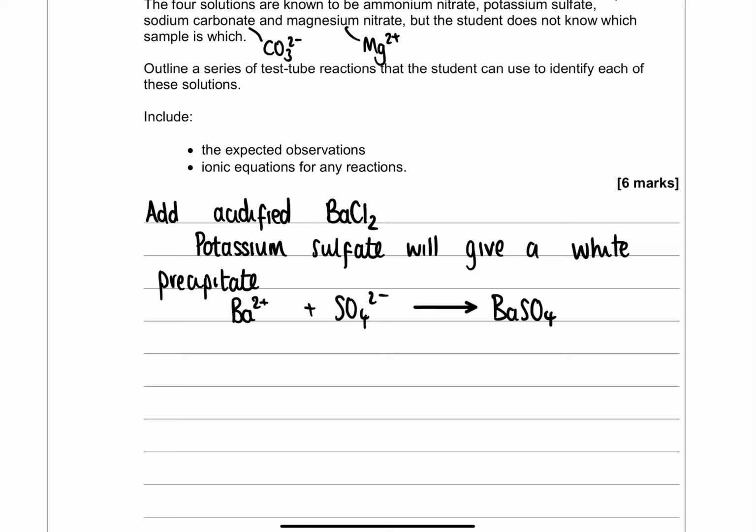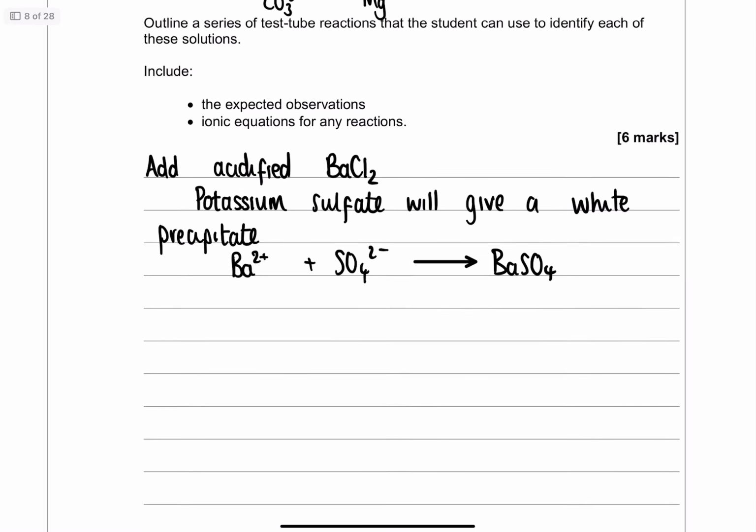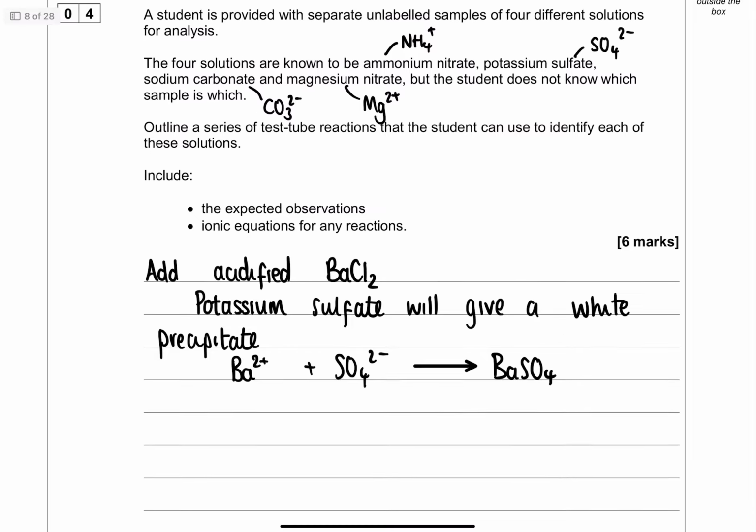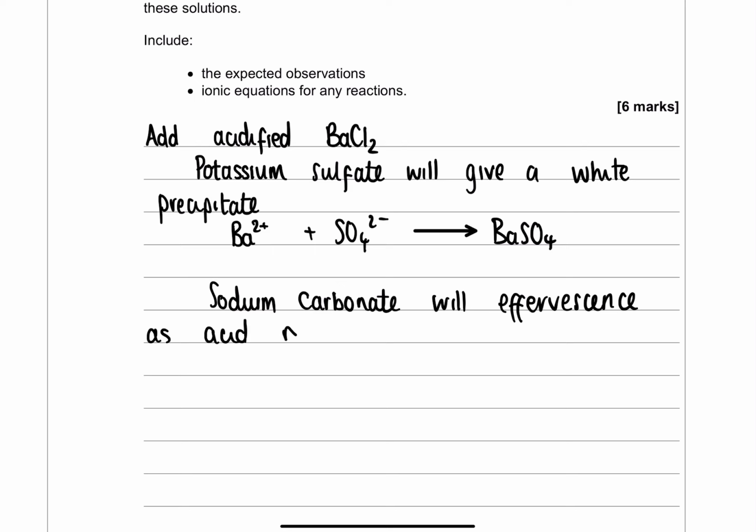Now, interestingly, because we're using acidified barium chloride to remove any ions that might interfere and give us a false positive, what will actually happen is that because it's acidified, sodium carbonate will effervesce as the acid reacts with the carbonate. And we could do, e.g., nitric acid here as our acid.